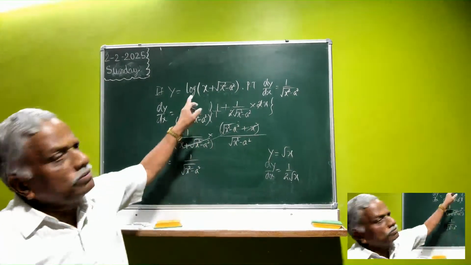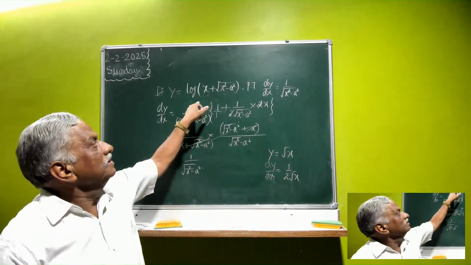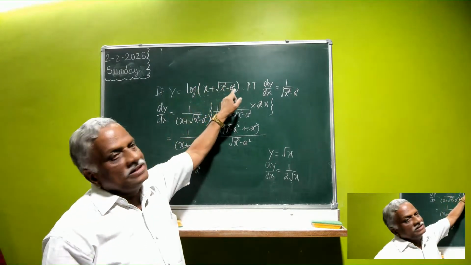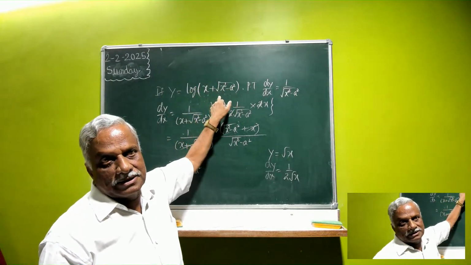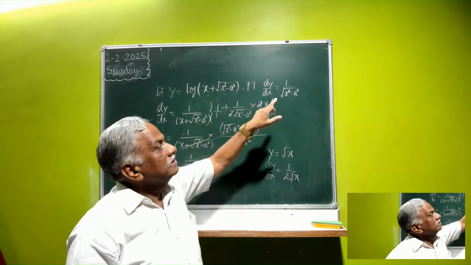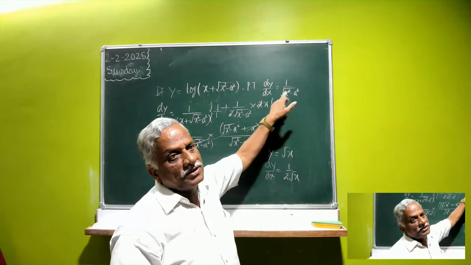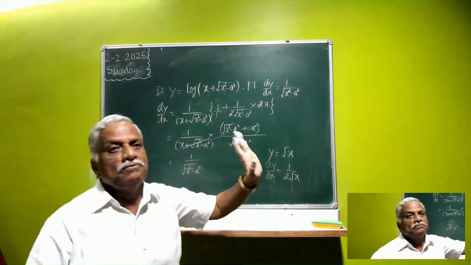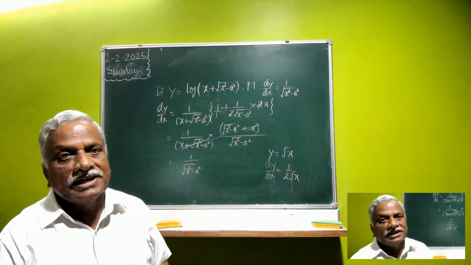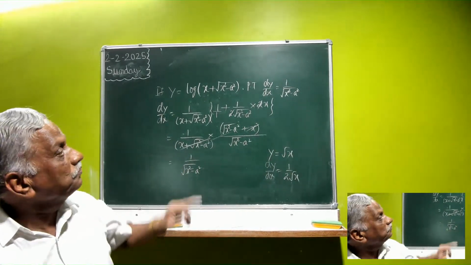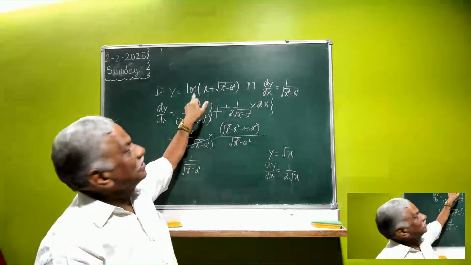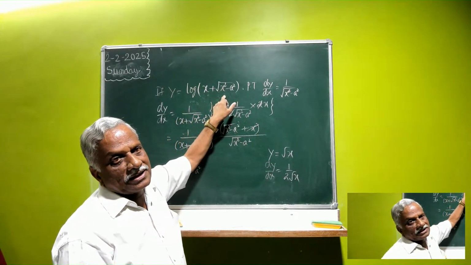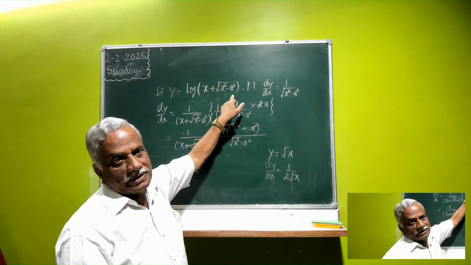So there is one more problem of this type. Instead of x square minus a square, they will give you a square minus x square. The answer is going to be 1 over root of a square minus x square. That I am not going to do. I am just telling you, if you want to have better ideas, work that problem. I repeat, the problem is the same: log of x plus root of a square minus x square.